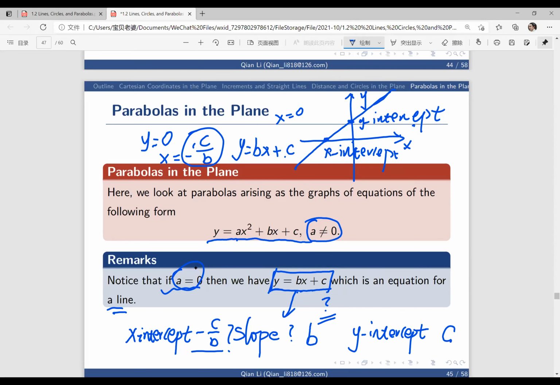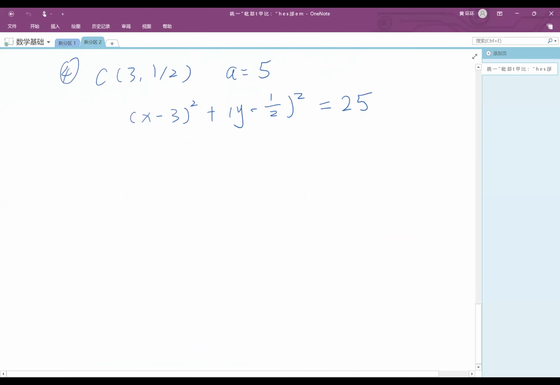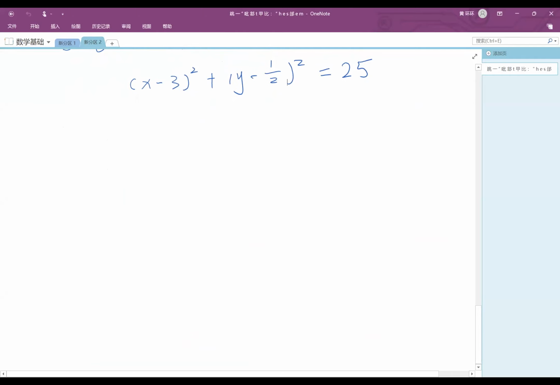Let's see, this is the x-axis and this is the y-axis. We say the slope-intercept equation means y is equal to mx plus b, right?